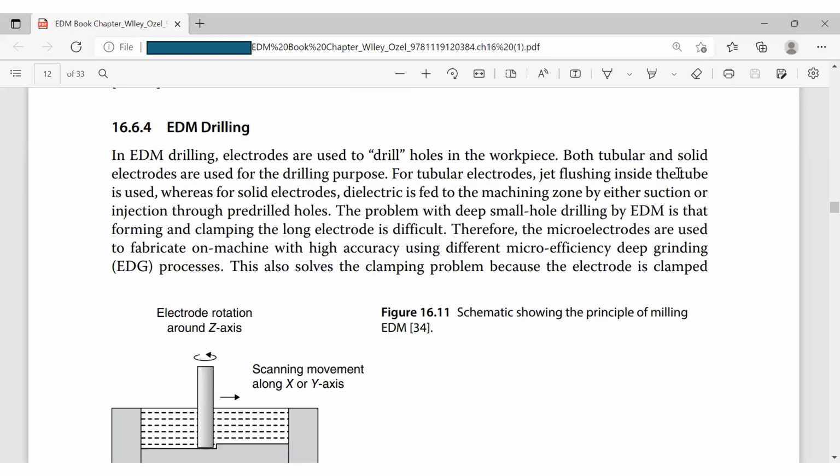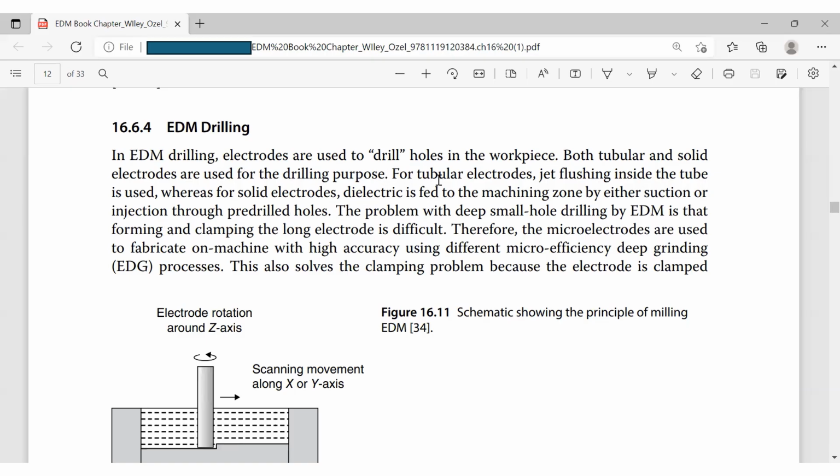Both tubular and solid electrodes are used for drilling. For tubular electrodes, gas flushing inside the tube is used, whereas for solid electrodes, a dielectric is fed to the machining zone either by suction or injection through pre-drilled holes.